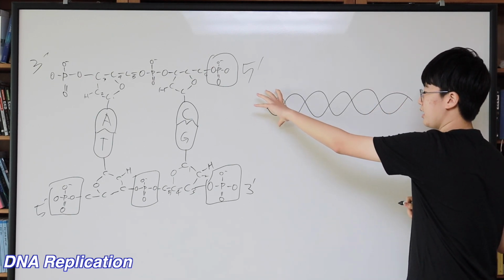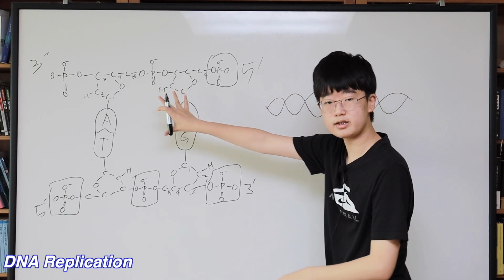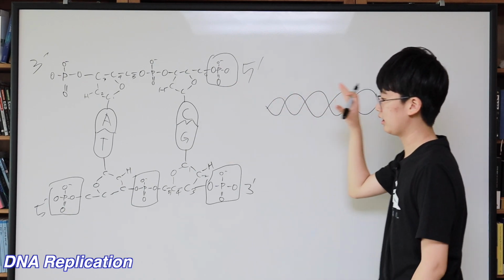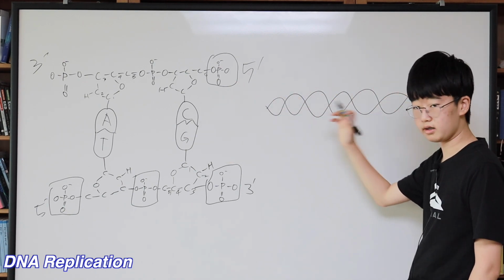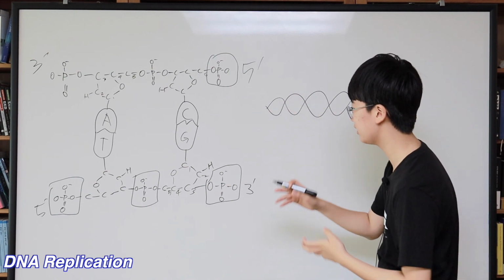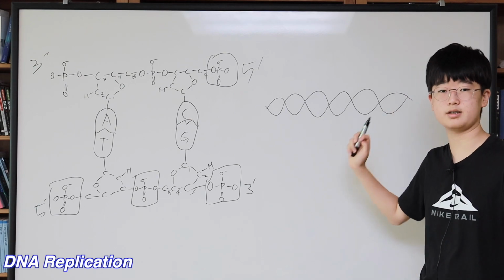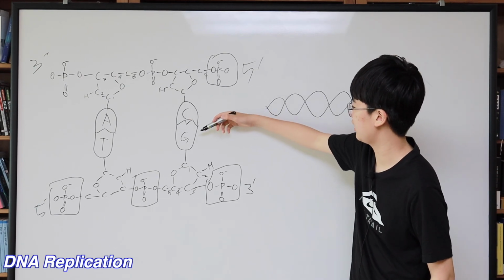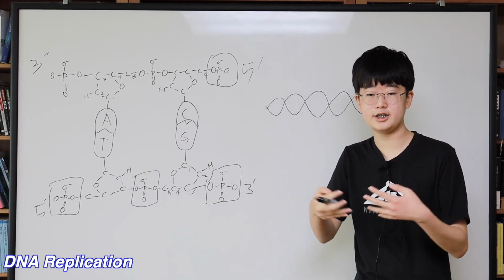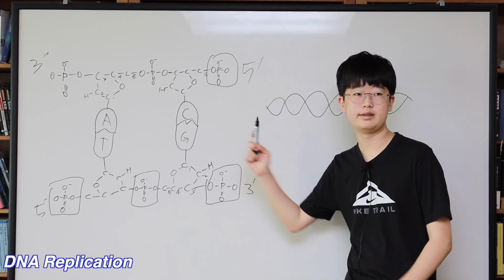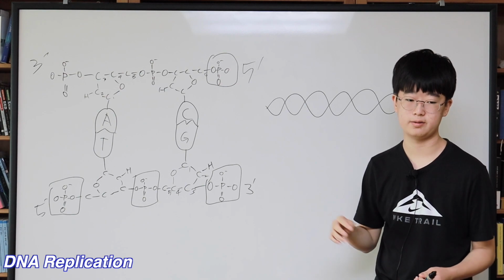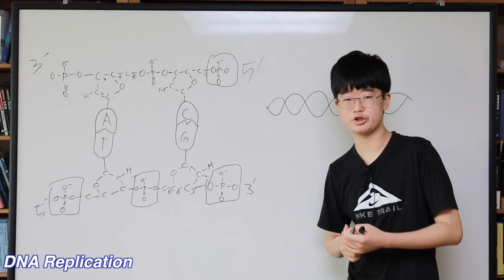So DNA is made of 2 strands, and this thing goes on a lot, and it's kind of twisted over, so it looks like a double helix. It is a double helix, and the nucleotides, each AT and CG, have hydrogen bonds to each other. They are attracted to each other, and the reason is hydrogen bonds.